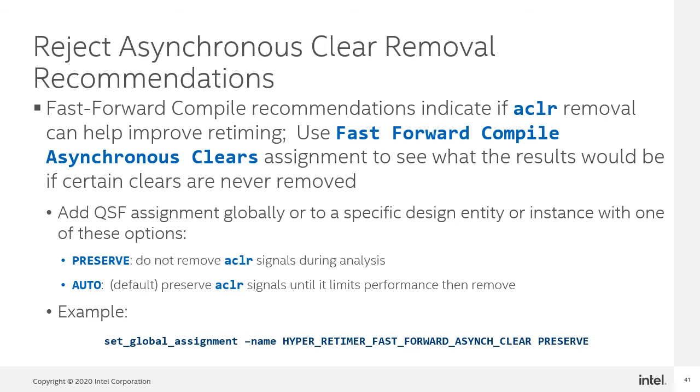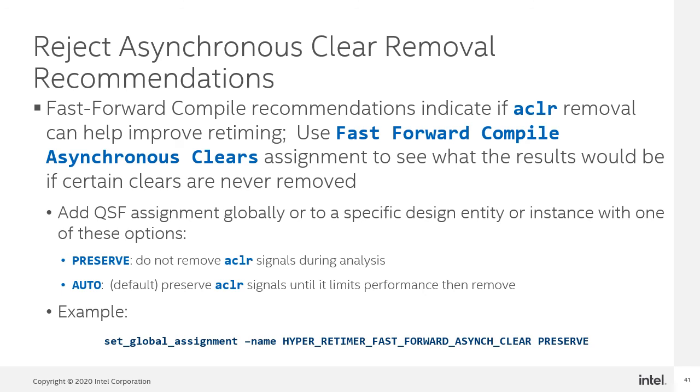The first fast-forward control constraint is fast-forward compile asynchronous clears. This constraint can be applied to parts of the design in which you do not want asynchronous clears to be removed, forcing your fast-forward analysis to produce a solution more compatible with what you intend to implement. There are two settings to this constraint: Preserve and Auto.